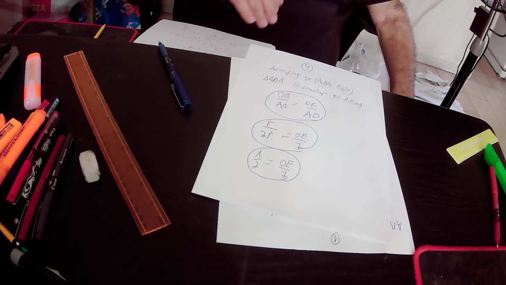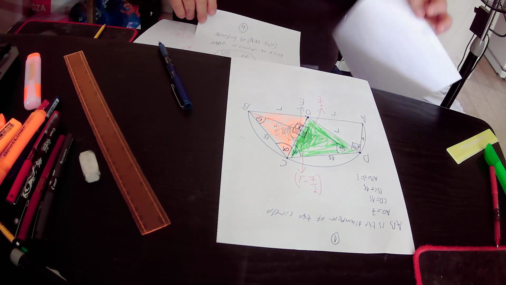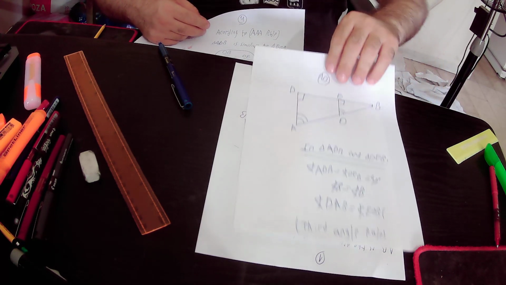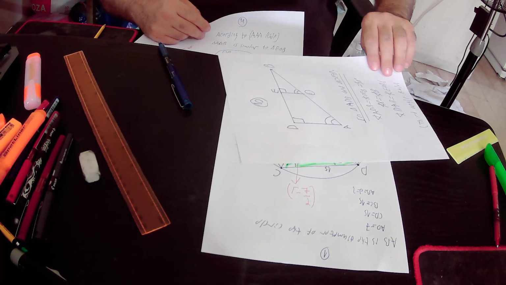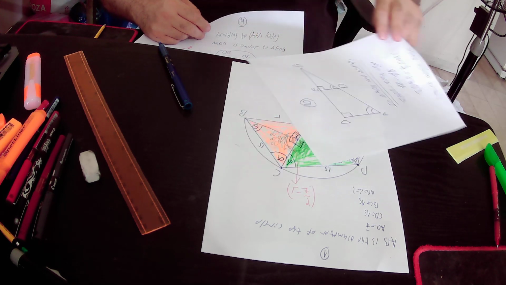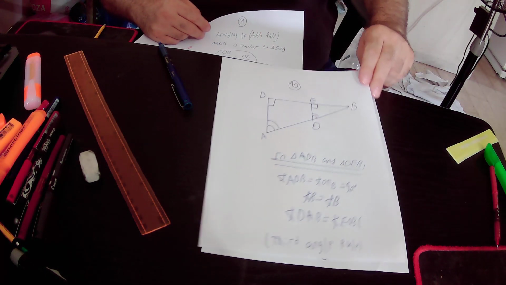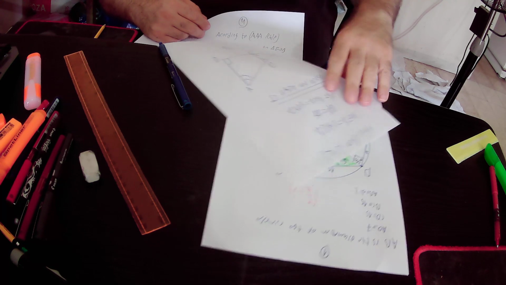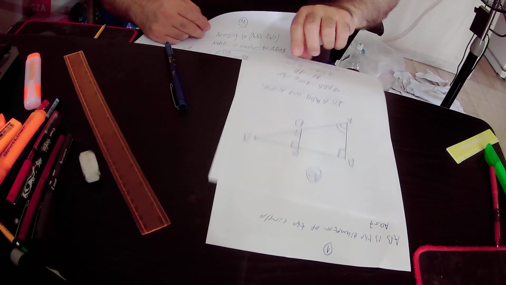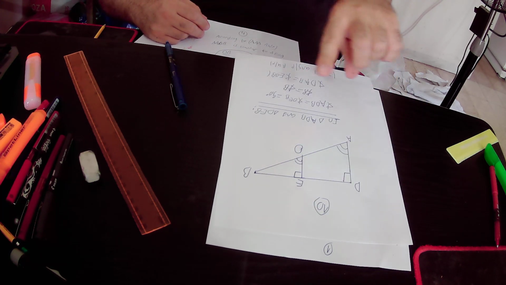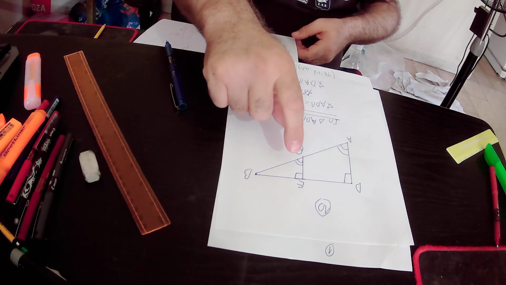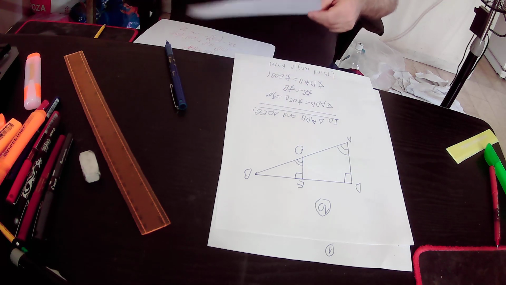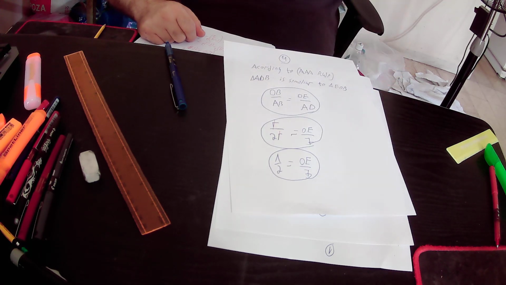Therefore, the following equality exists between those two similar triangles: OB over AB equals OE over AD.